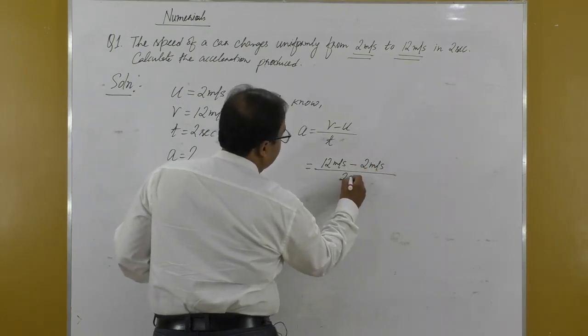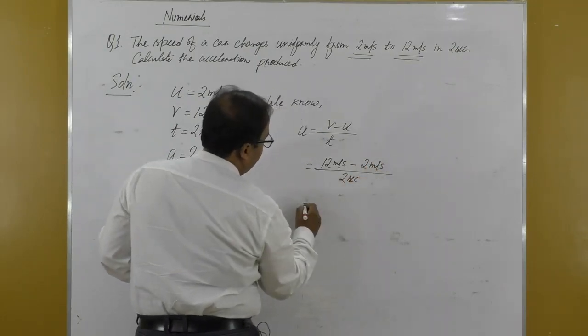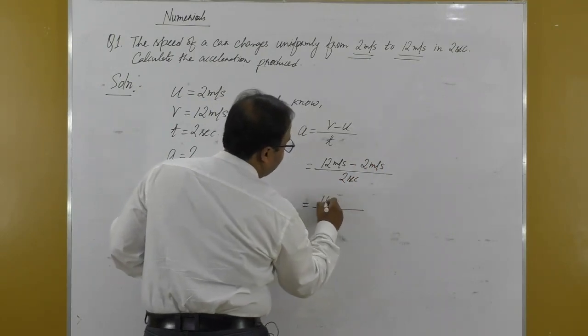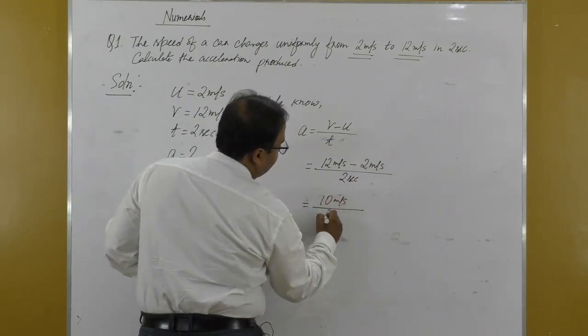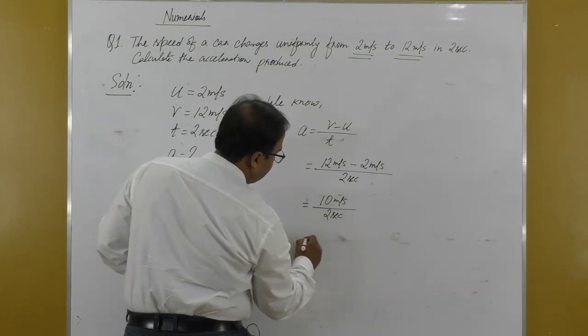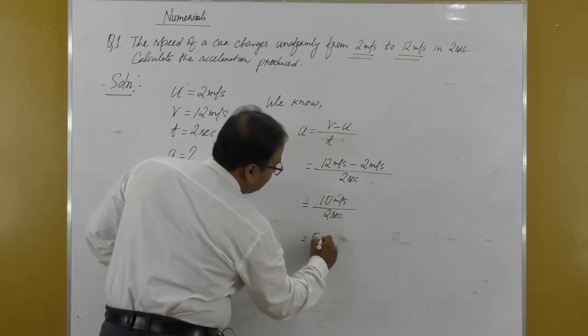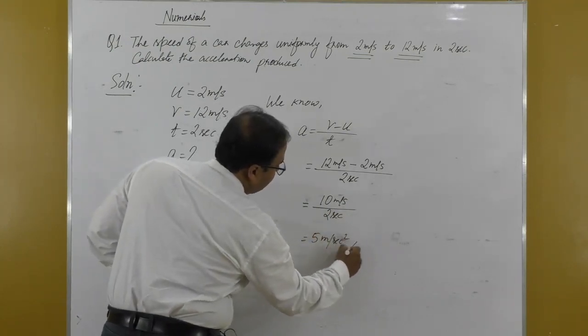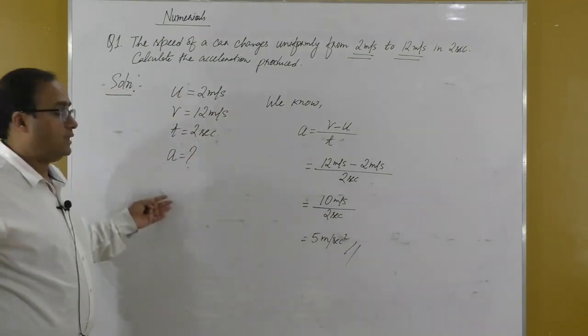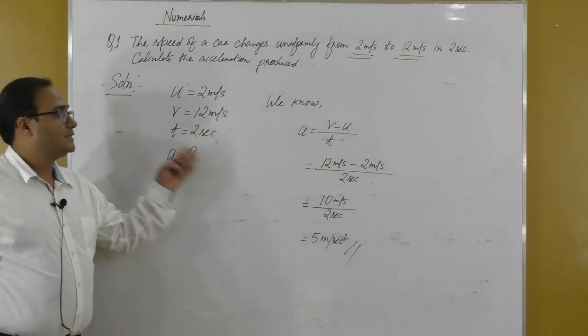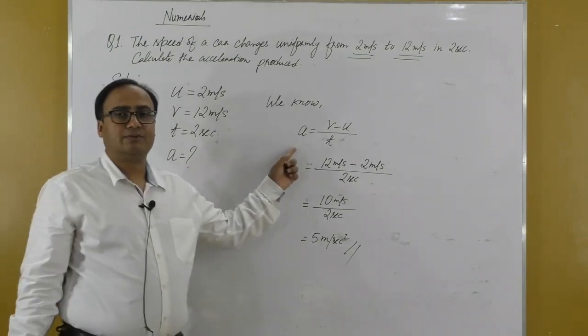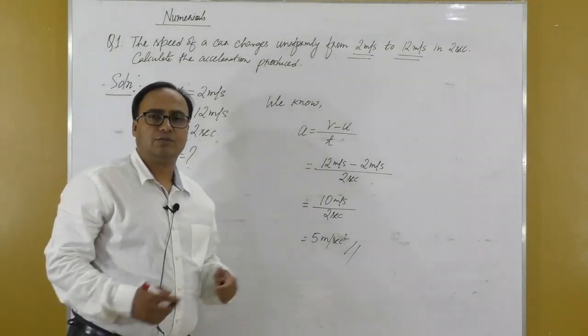Time taken, 2 seconds. So it is 10 meter per second by 2 seconds. So the answer is 5 meter per second square. Simple question. The formula used is a equals to v minus u by t.